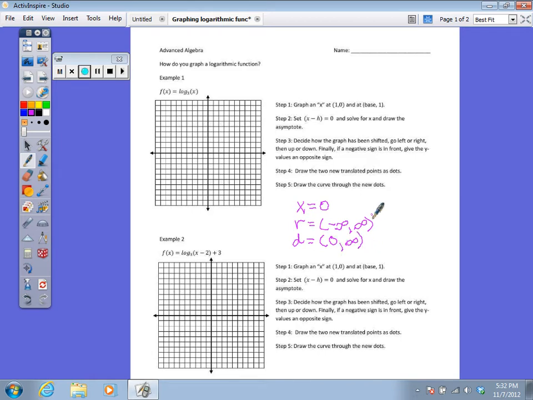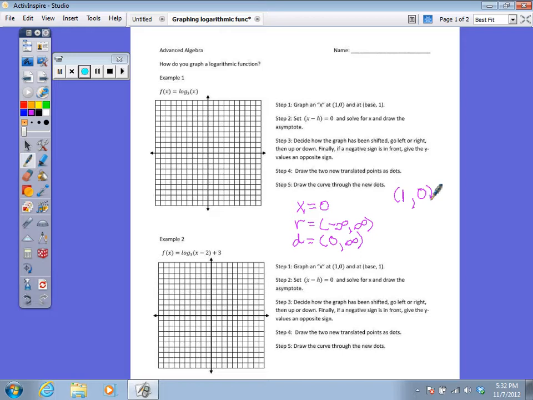Okay, and we always graph 2 points. We graph our anchor point, and then we also graph the base and 1. So what we're doing is we're graphing 2 of the exponents. We're graphing the exponent when the log equals 0, and if it's not transformed, the argument is always 1.